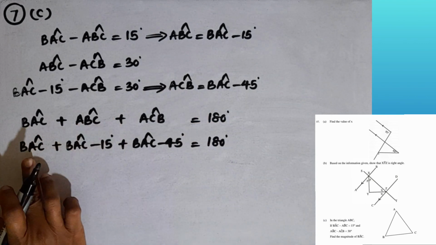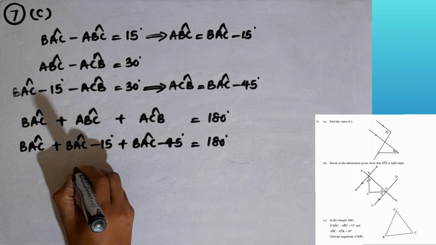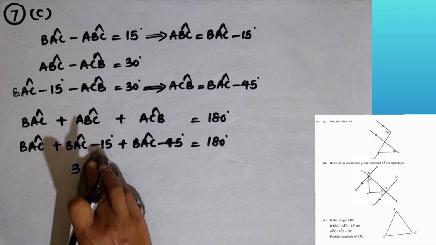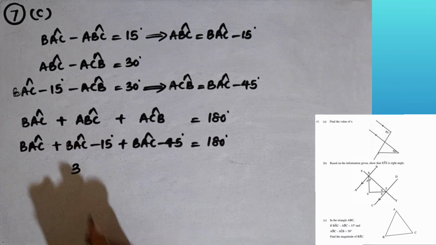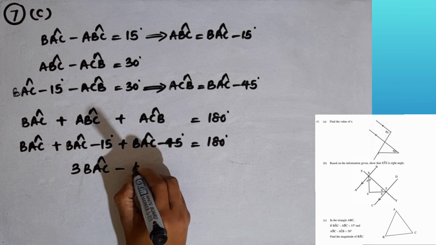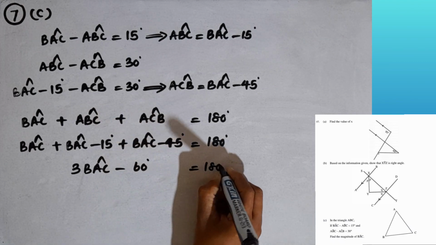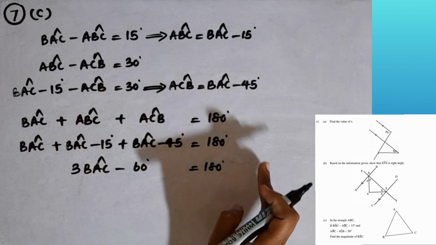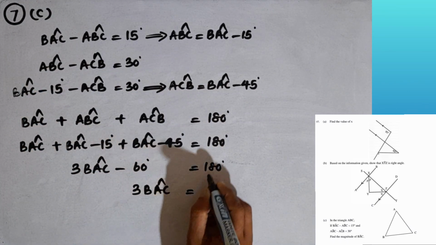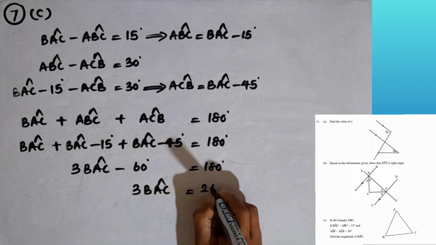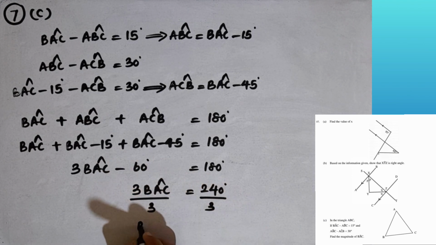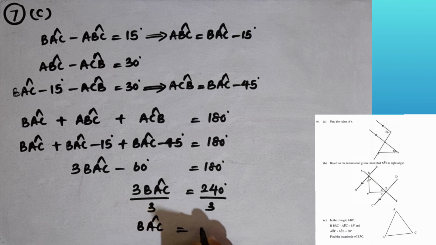Now BAC plus BAC plus BAC is 3 BAC. 3 times BAC minus the sum is 60 equal to 180. Then I can take this minus 60 to the other side. 3 BAC angle equal to 180 plus 60 is 240. Now I can divide by 3. BAC angle equal to 80 degrees.